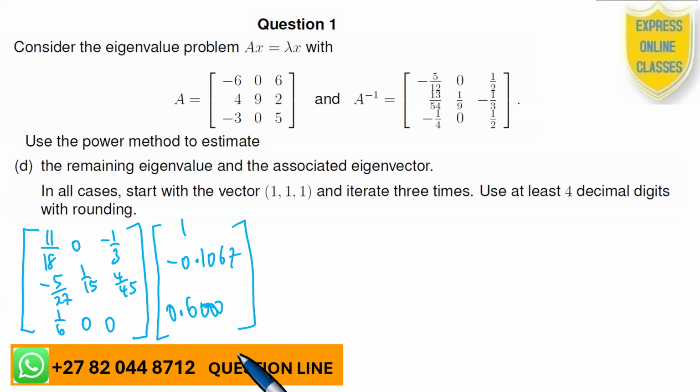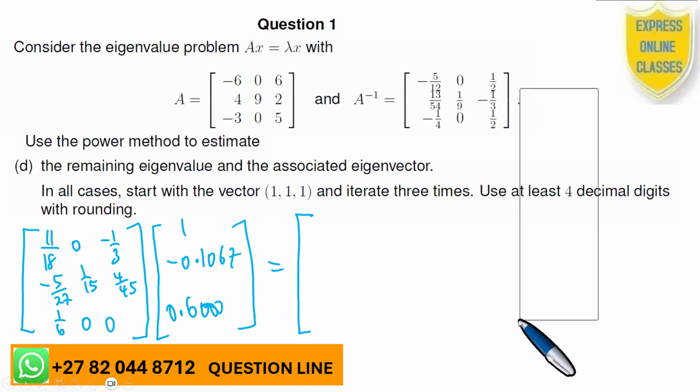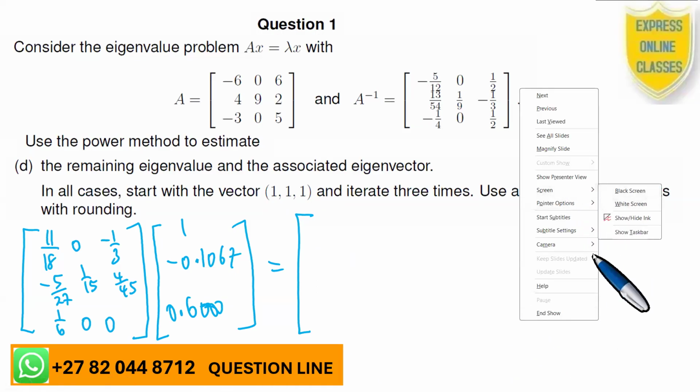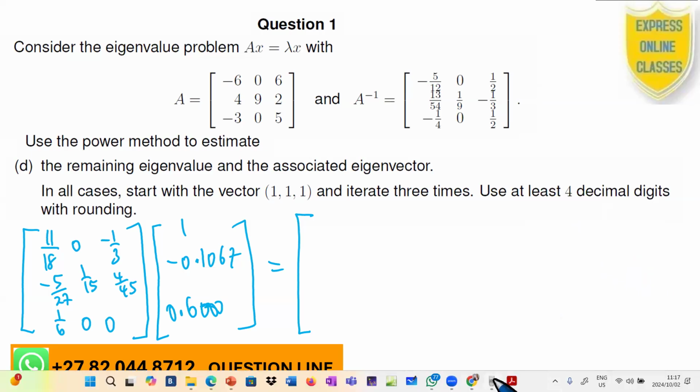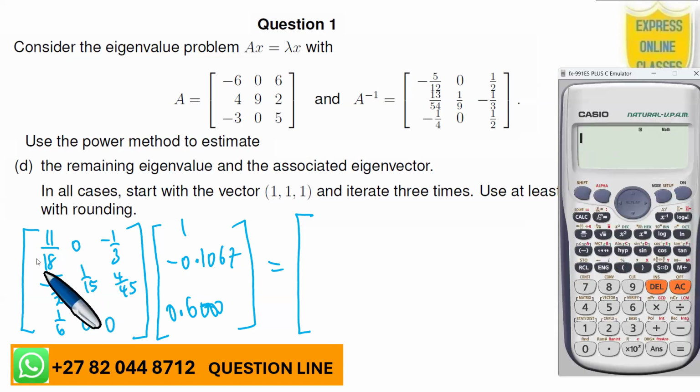Right, so when you multiply, let us perform the multiplication together, and we just check everything using our calculator. We're really going to be relatively fast. We're going to quickly take, for instance, this 11 out of 18 by 1, which is just 11 divided by 18. So that one we know very well.